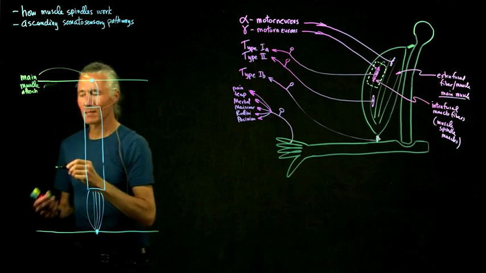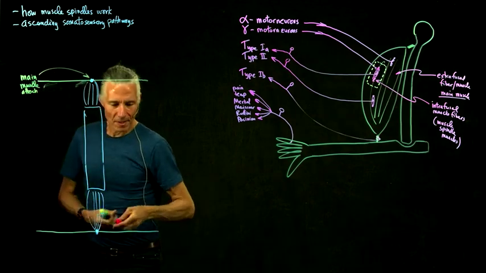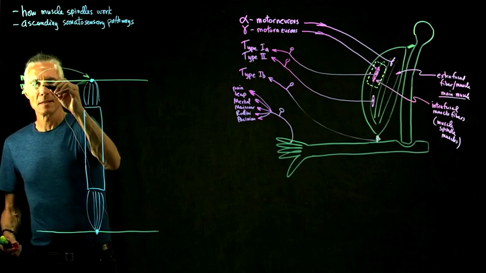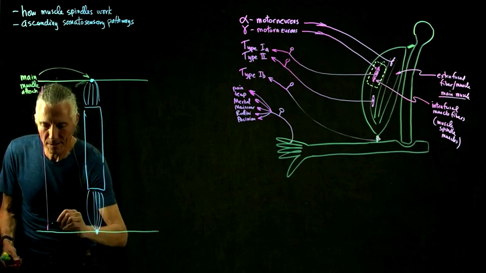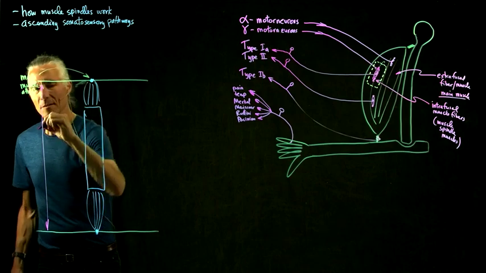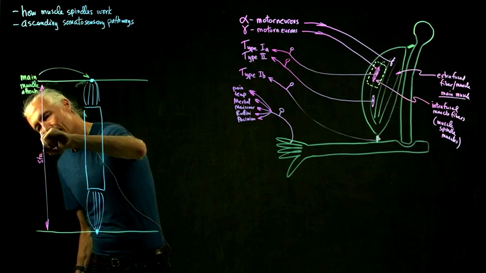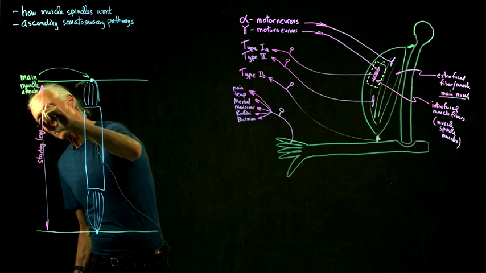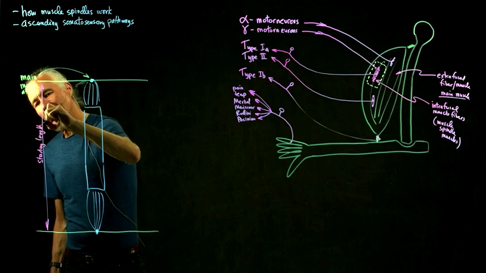So there's the main muscle attachment, and this is the starting length of the muscle, because when the muscle contracts, it's going to get shorter.